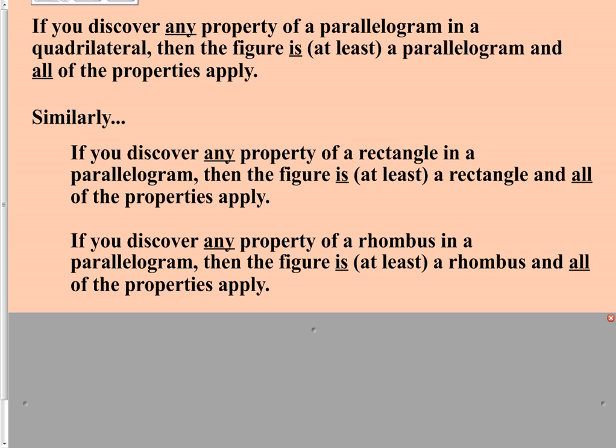Okay, moving on. Now there's actually some extra stuff that we can look for when it comes to parallelograms. There's an extra property, and this one's kind of an oddball, so I saved it for today rather than giving it to you yesterday. So one additional thing we can look for in a parallelogram.